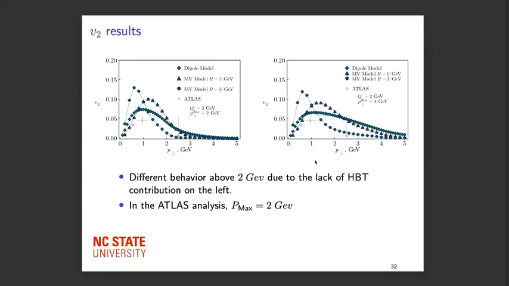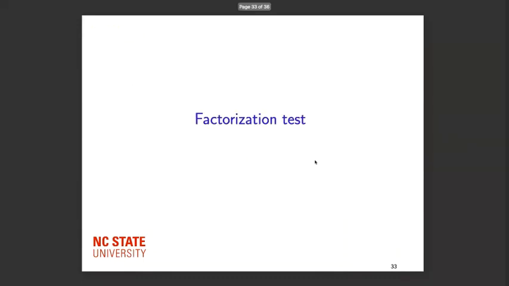And in the ATLAS analysis, they use 2 GeV. You can see that those 3 calculations describe the data qualitatively, but quantitatively there are still a lot of uncertainties.